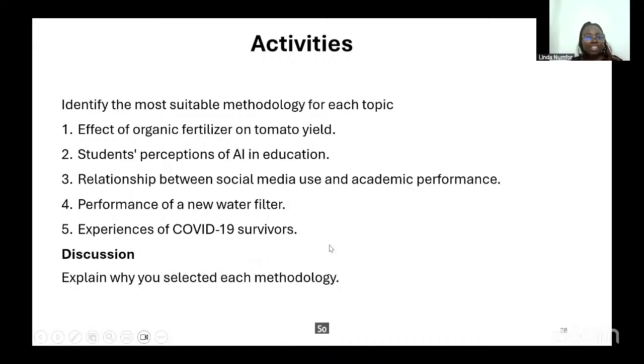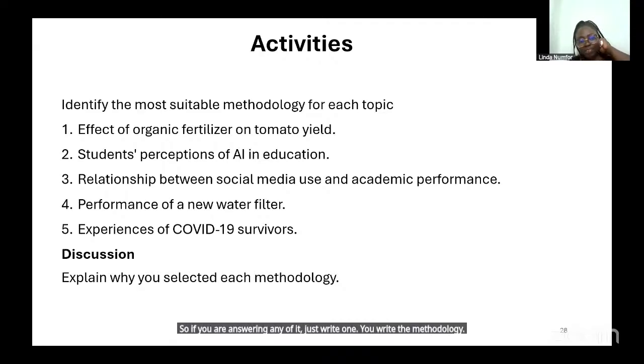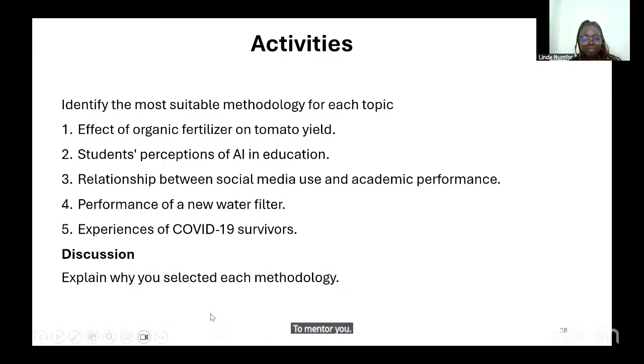So if you are answering any of it, just write one. You write the methodology. Effect of organic fertilizer on tomato yield. Let's get the answers coming in. Okay.